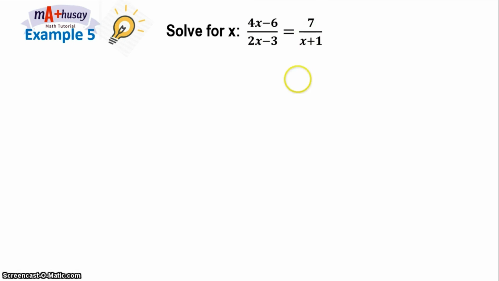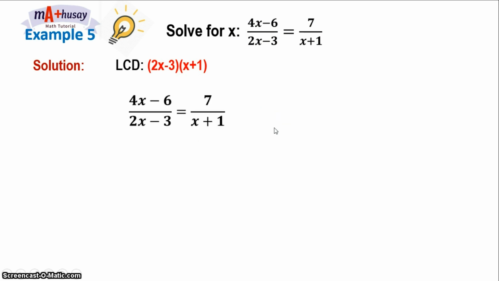So since pinag-uusapan natin ay equality ng dalawang rational expression, pwede na lang natin silang agad i-cross multiply. Hindi na natin gagamitin tong LCD kasi mas mahaba pang proseso. So, i-cross multiply na natin sila.